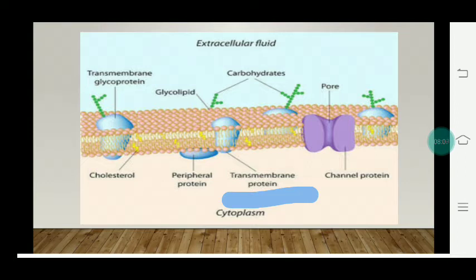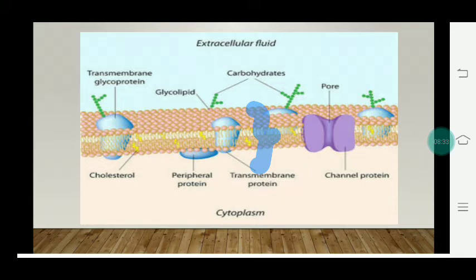Transmembrane protein contains non-polar amino acid residues with hydrophobic side chains that interact with the fatty acyl groups of the membrane phospholipid, thus anchoring the protein to the membrane. So, the whole protein is embedded in the lipid bilayer.